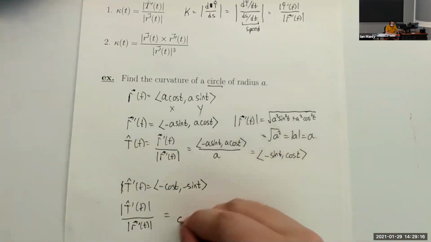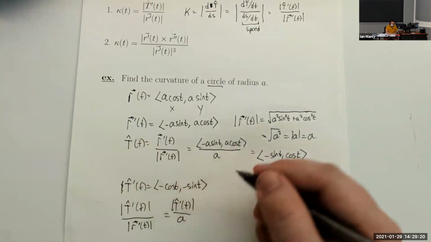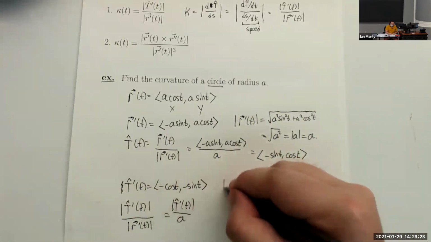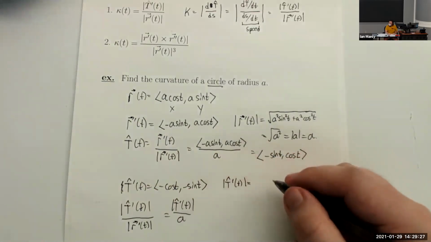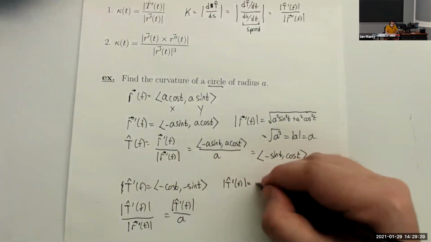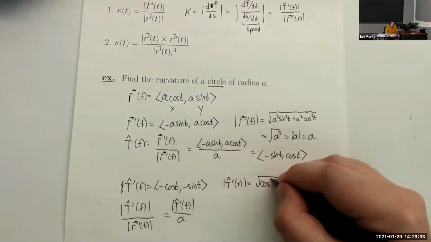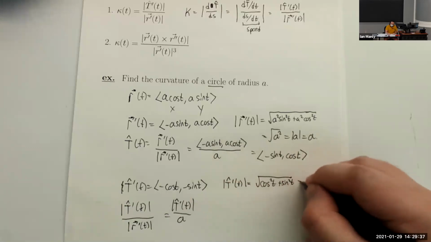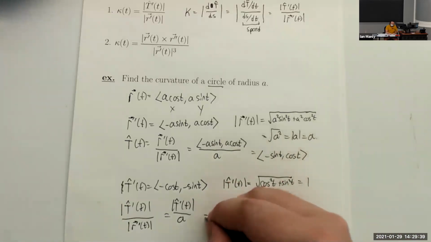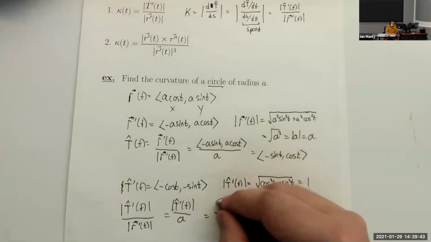So the bottom is just going to be a. Now we just need to figure out the magnitude of the top. I think you guys in the chat at least are already seeing it. We have the square root of negative cosine squared plus negative sine squared, and that's going to be 1. So our top value is going to be 1, and our bottom is going to be a.